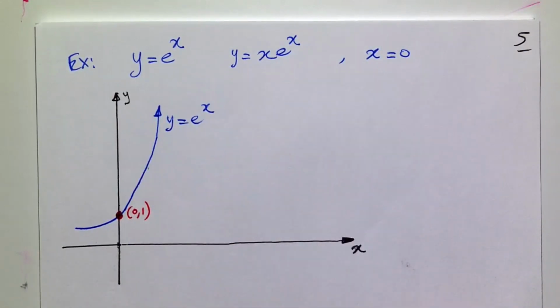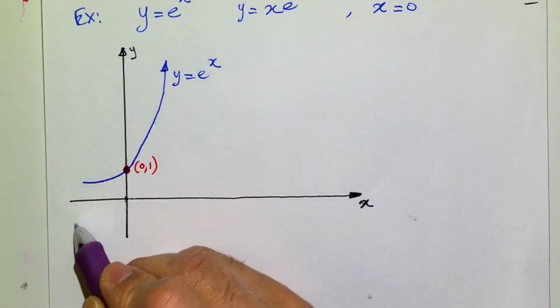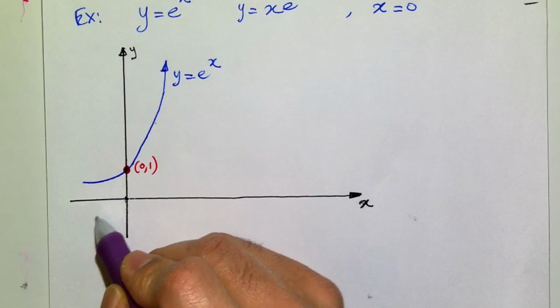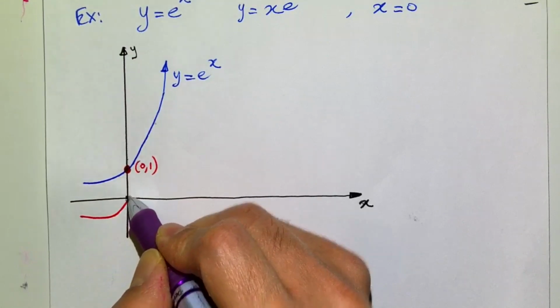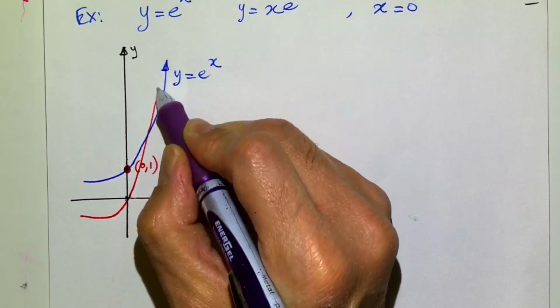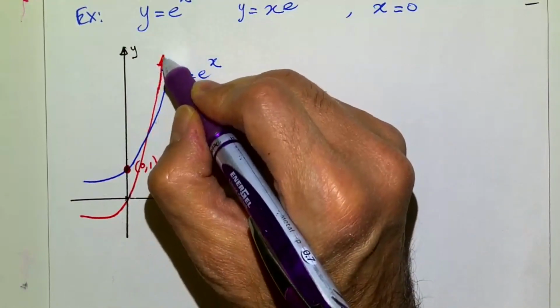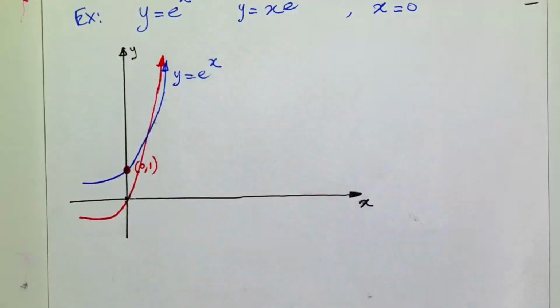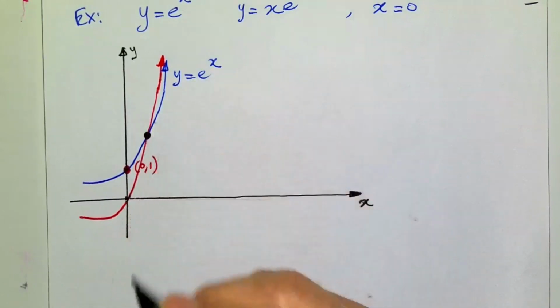I'm going to draw it from here, hopefully I can do a decent job. It comes here, goes through the origin, and then continues on. At this point, these two curves are intersecting, right there.